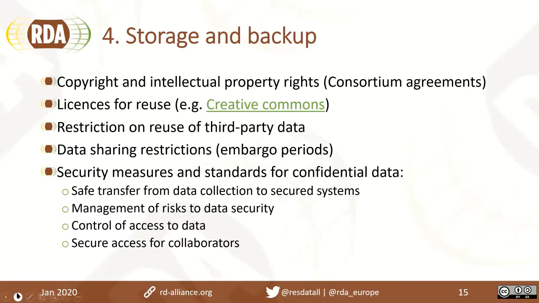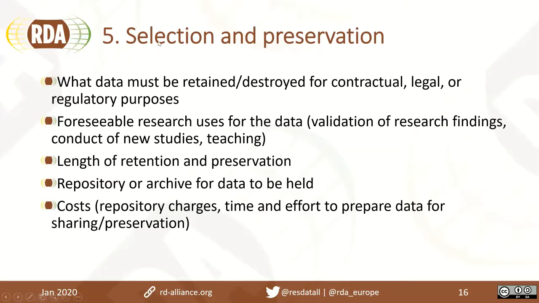Okay, and selection and preservation of data. Here you make a selection of what data will be retained and what data will be destroyed because of contractual, legal, or other purposes. Here you also outline foreseeable research uses of the data.